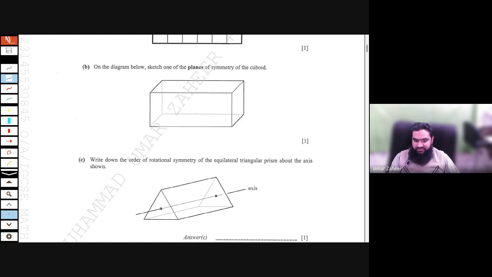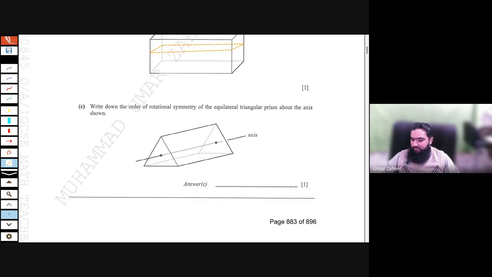It says that you have to sketch one plane of symmetry. So let's sketch this one, because it is just dividing into the upper half and the lower half. You can draw this one as well because we just discussed three symmetries.